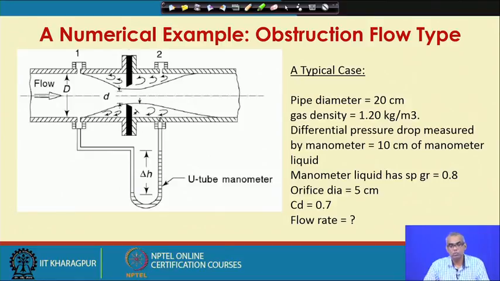Now, we have talked about the flow obstruction flow measuring instruments: orifice meter, venturi meter, flow nozzles and dall flow meters. In all these instruments, there is a flow restriction whose area is accurately known.